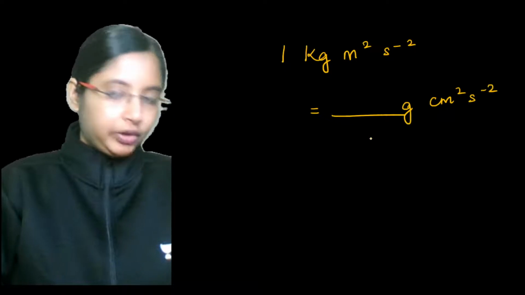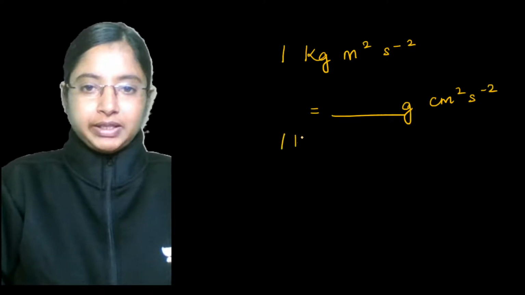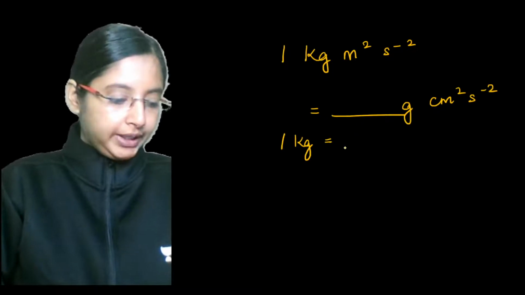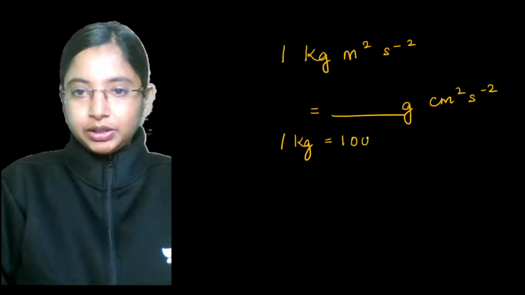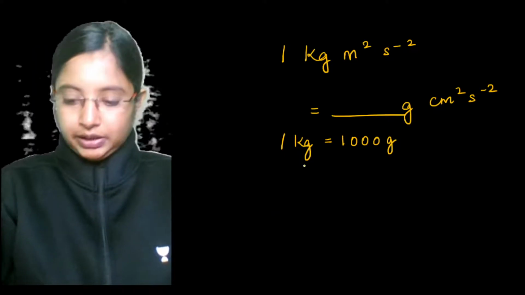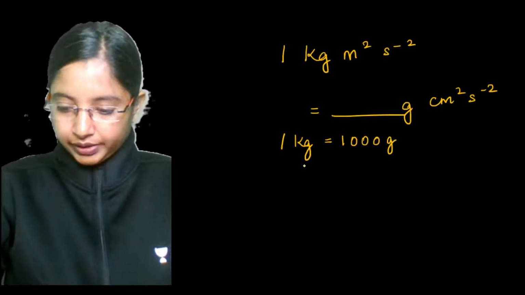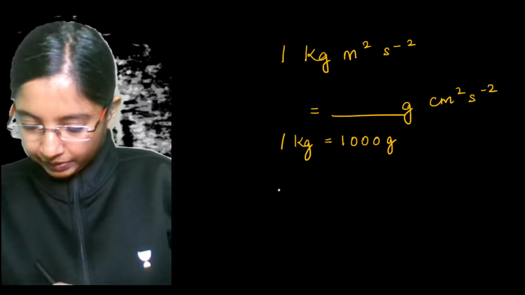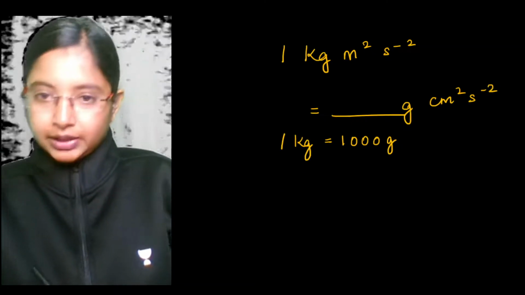All right. Now from here, very simple basic question. What is 1 kilogram in terms of grams? 1 kilogram is equal to 1000 grams, right? Prema is saying 5 meters and Akshay is saying 1000 grams. That's right.